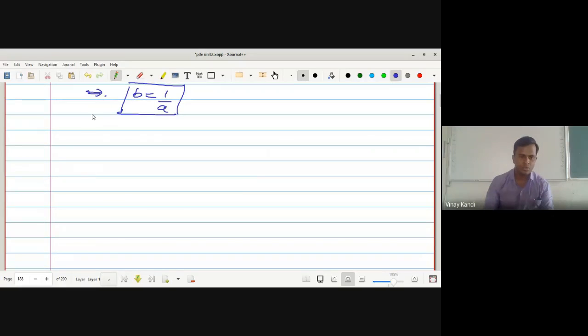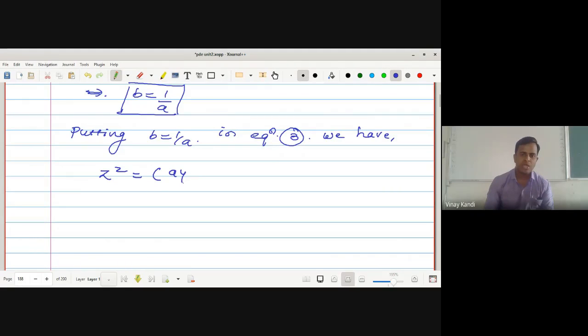Putting b is equal to 1 upon a in equation third, we have z square is equal to ay plus b. Ay plus b means 1 upon a bracket square plus a square into x square.